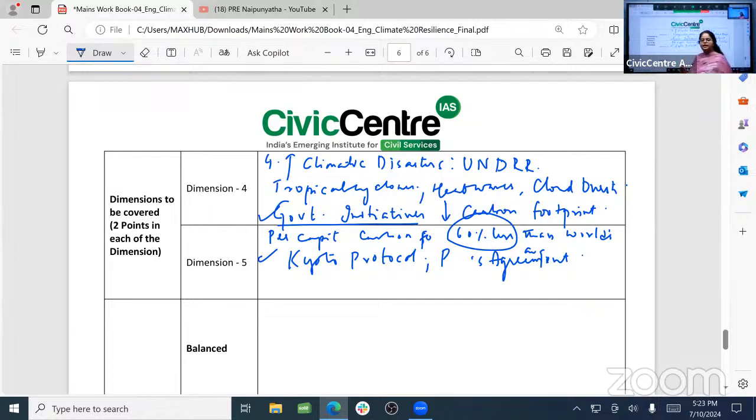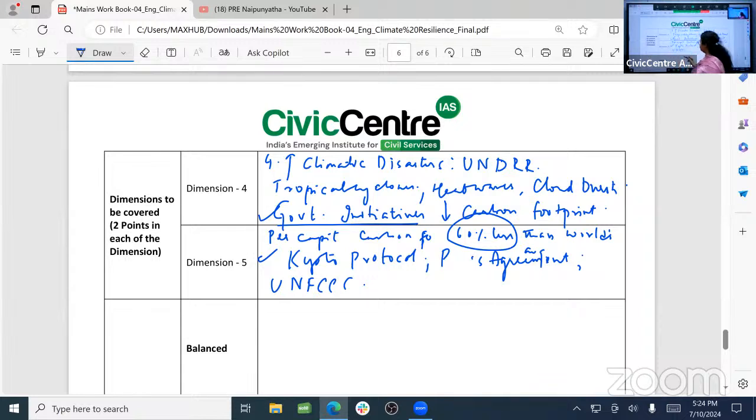To what levels are we trying to decrease? To the pre-industrial levels. And we are also part of the United Nations Framework Convention on Climate Change. So through various international frameworks, we are already trying to reduce the carbon footprint of India.